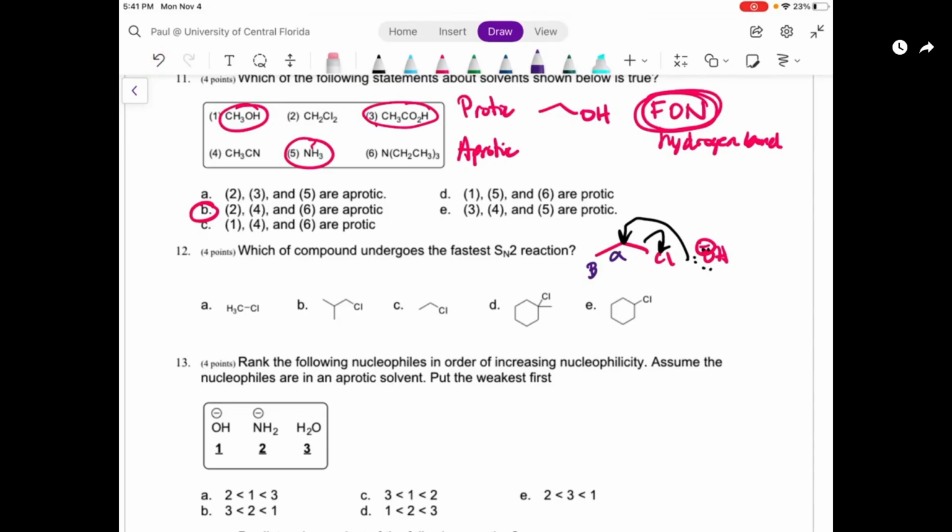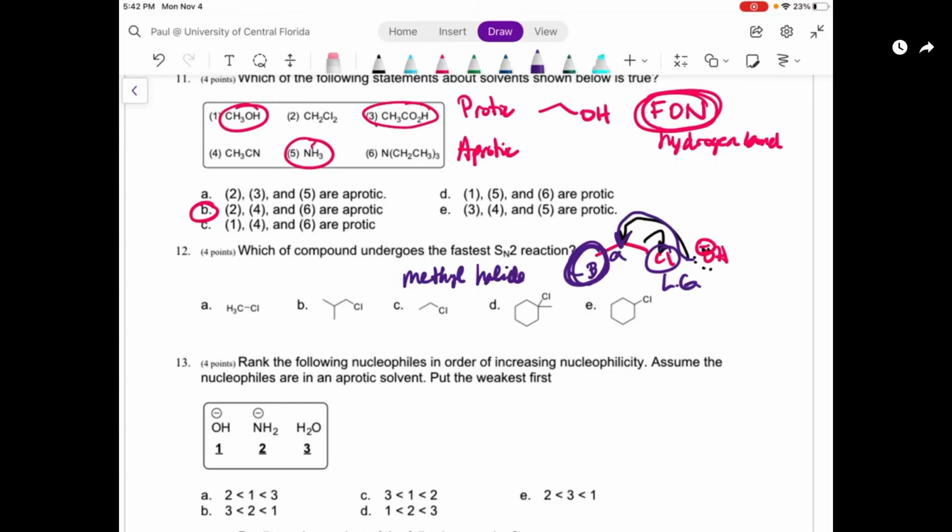There's our alpha carbon. The alpha carbon is the one that's directly attached to the leaving group. And so when that nucleophile or the hydroxide comes in, it has to deal with this beta carbon. And if there's a lot of steric bulk to that beta carbon, then it makes it harder to come in and do that backside attack. So you want the ones with, so the best would be a methyl halide.